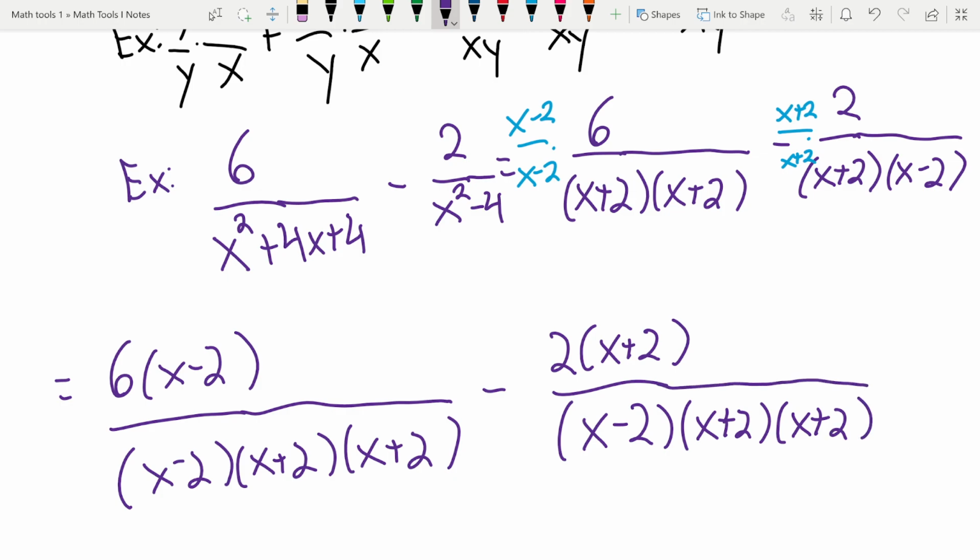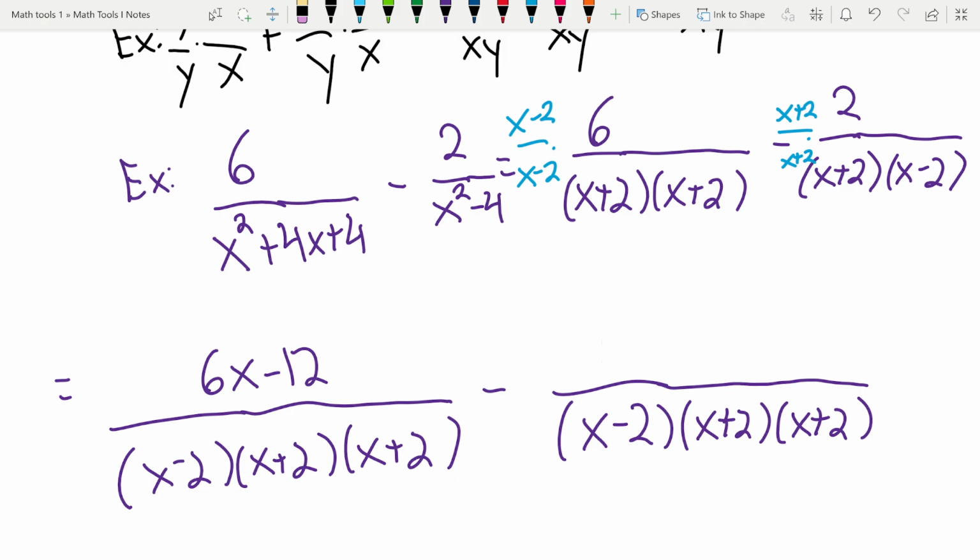Okay, now it's probably better not to multiply the bottom together yet, because there might be a common factor at the end. We need to multiply the tops together though, so that we can combine these. So this is going to be 6x minus 12. There's not a lot to do here, so I'll just go ahead and erase and rewrite. And this is going to be 2x plus 4.